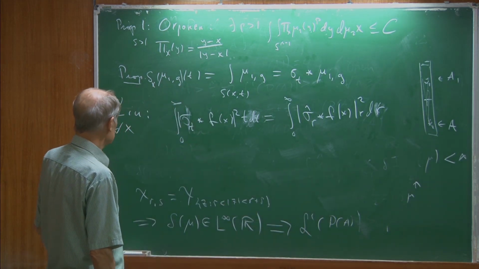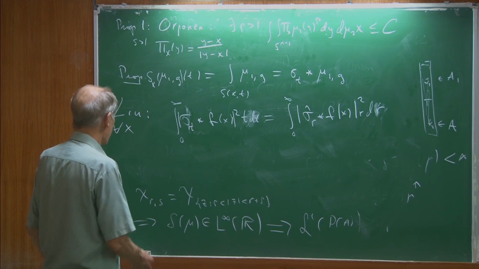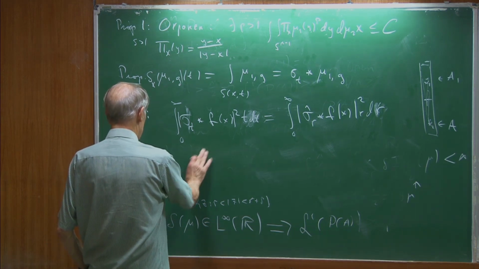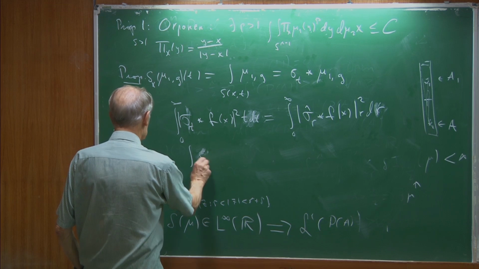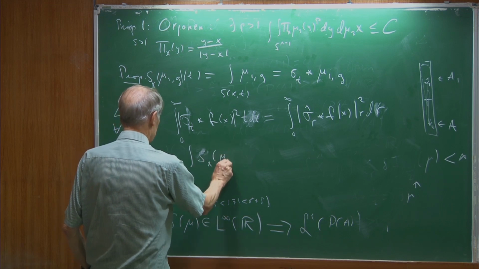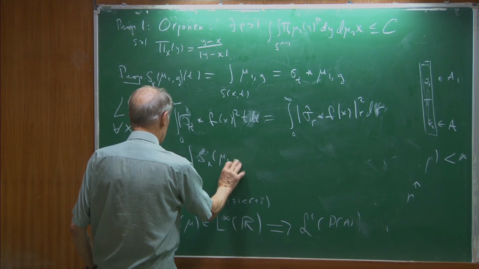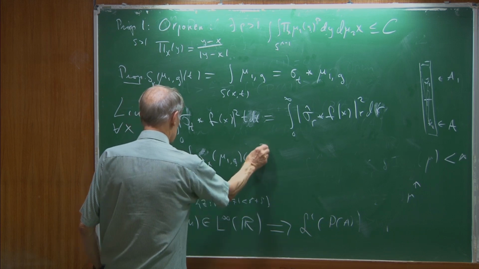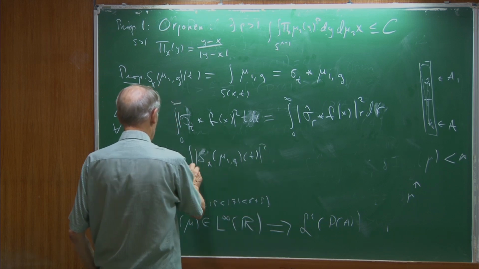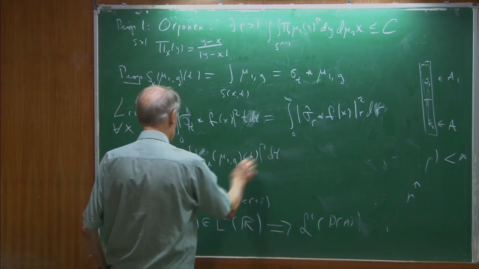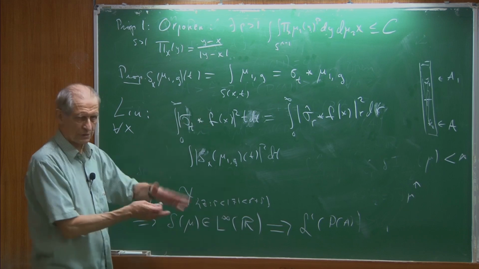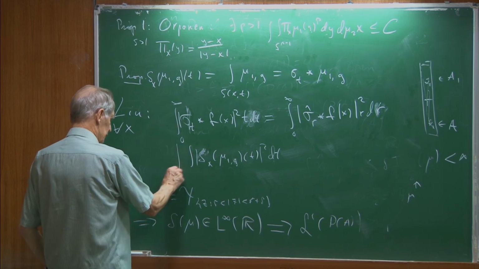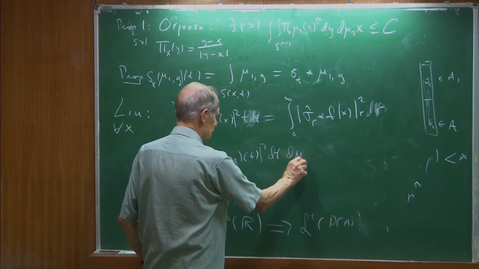So then this is the same as delta x mu1 of t squared dt. Now it's essentially the same because of the distance those A1 and A2 have. So I can drop t here, and then I integrate with respect to d mu 2 x.